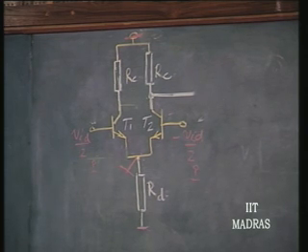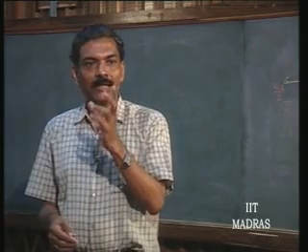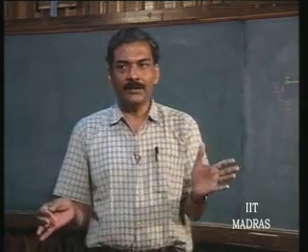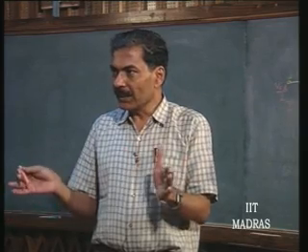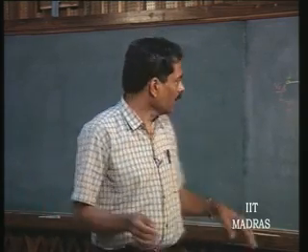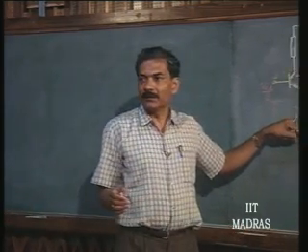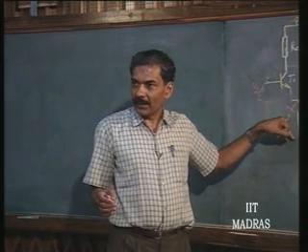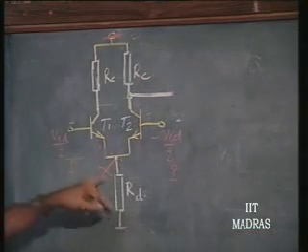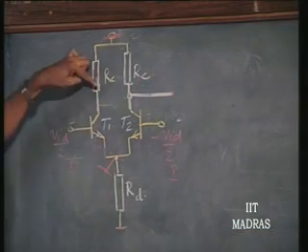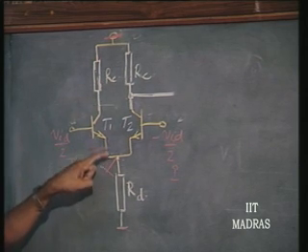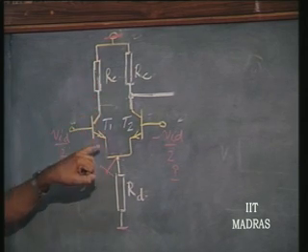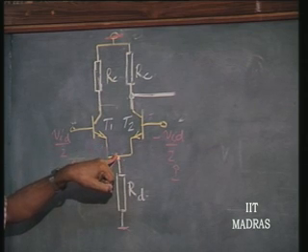So, this is an important advice to you, that for any differential stage, for differential mode analysis, you can simplify it considerably by simply grounding this point. In which case, you can see that the gain is going to be RC divided by RE, okay, here.